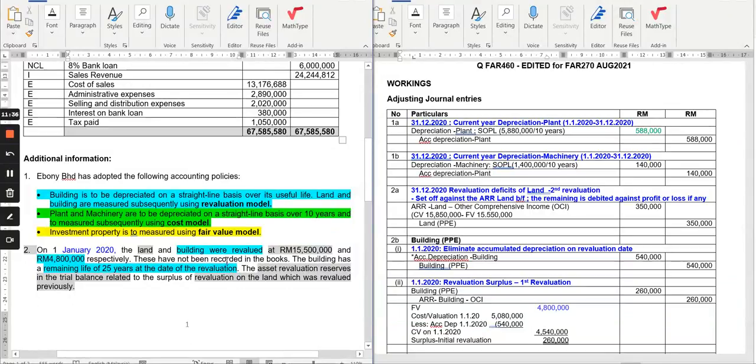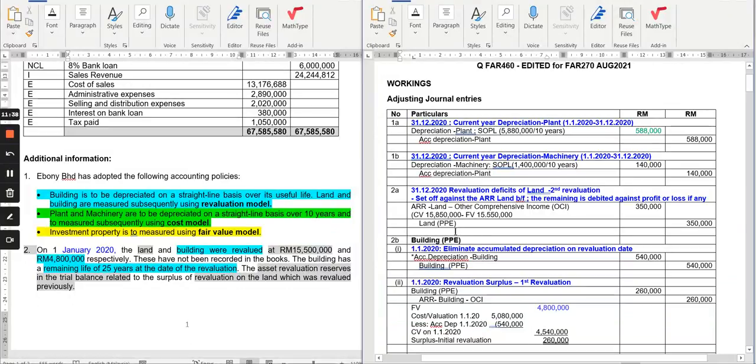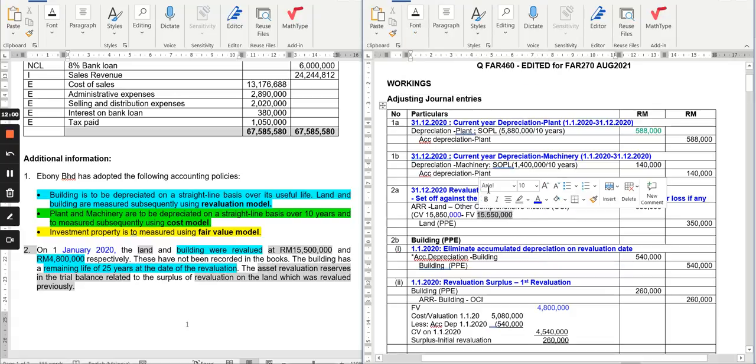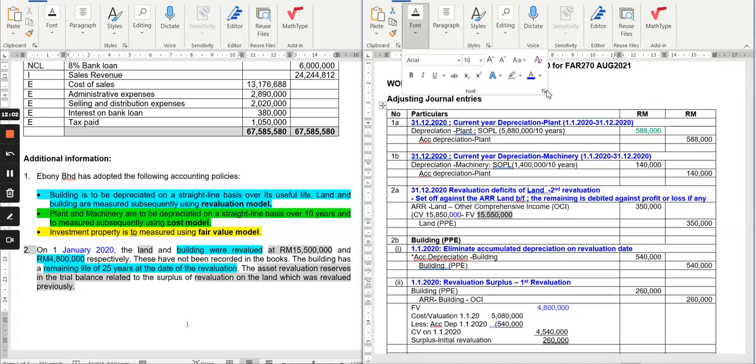If you have a revaluation, you are going to set off the deficit that you will come across in a short while against the revaluation reserve balance. If you look, the carrying value was 15,580, whereas the fair value was 15,550.